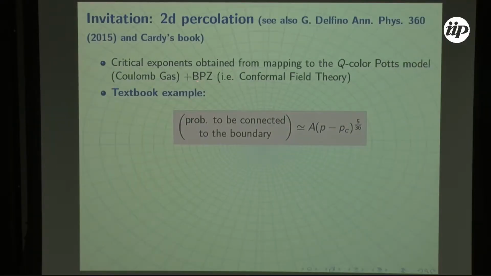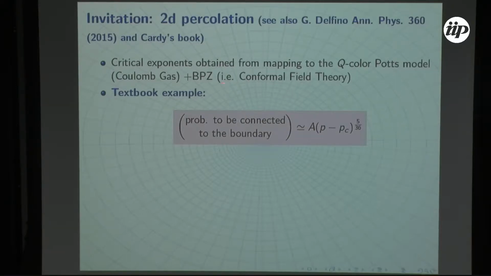I just want to make a few remarks about what is known and what is perhaps less known about the CFT which describes the percolation problem. Essentially, all the critical exponents related to, for instance, the probability for a point to be connected to the boundary, have been known since the 80s.